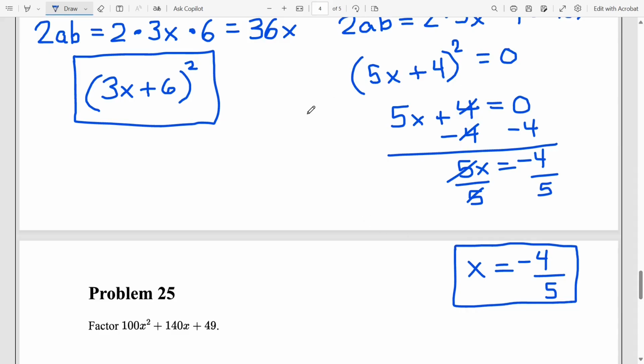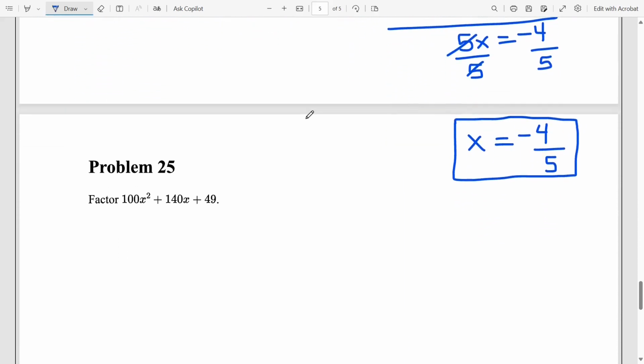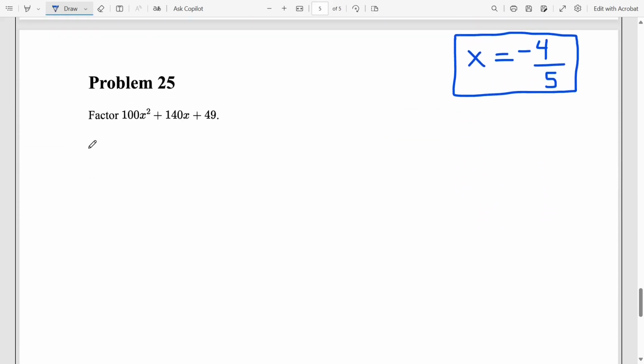Last one. Looks like another perfect square trinomial, but let's check. So I'm going to check that by saying a squared is going to be the first term, so 100x squared. B squared is going to be the last term, so 49.